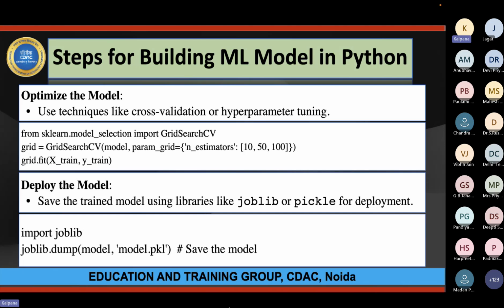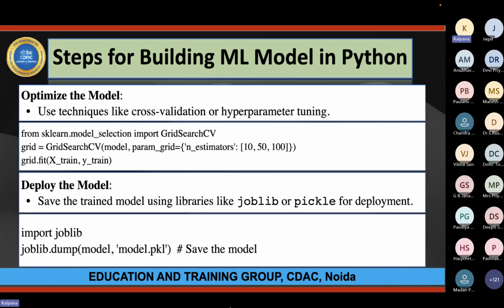And once your model is ready, you deploy the model where you want to use it. Like for the monkey problem, for identifying whether monkey is there or not, we have to deploy that model either on Raspberry Pi board or on Jetson Nano, and that board is something which is going to be fitted into the application where it will be used. Or you deploy this model in a front-end application somewhere. So there is joblib library available for that, and you dump the model.